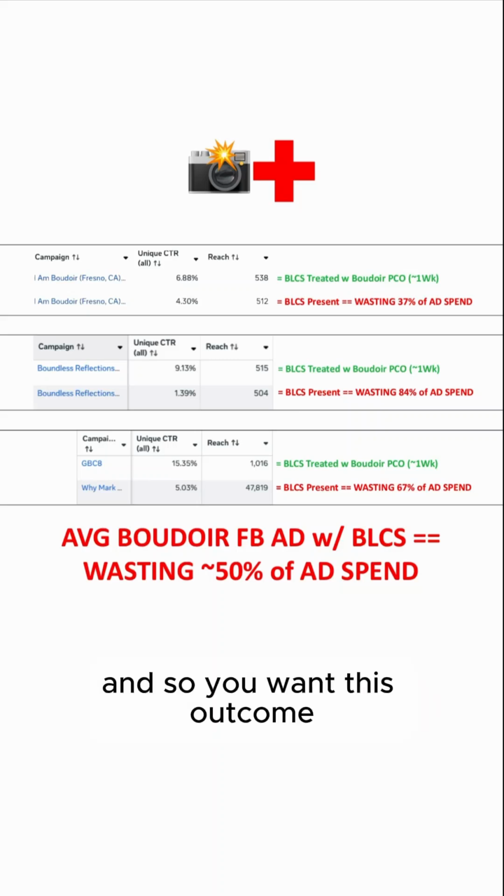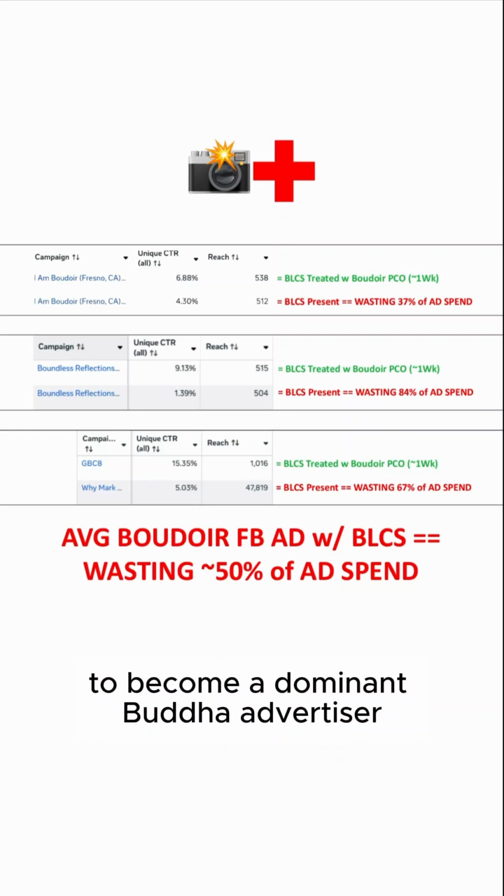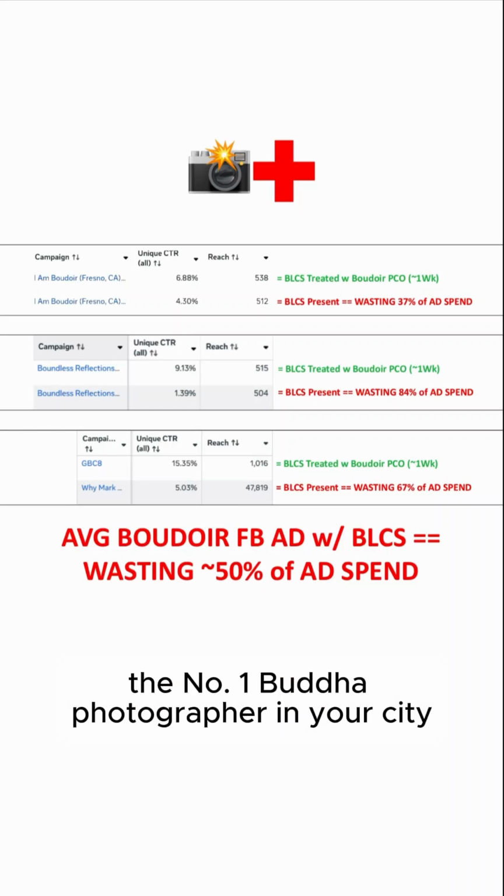And so you want this outcome, and you also want to achieve pre-click alignment to become a dominant Boudoir advertiser with Boudoir Brain Entry Boost, because you need this to achieve that on your path to becoming the #1 Boudoir photographer in your city.